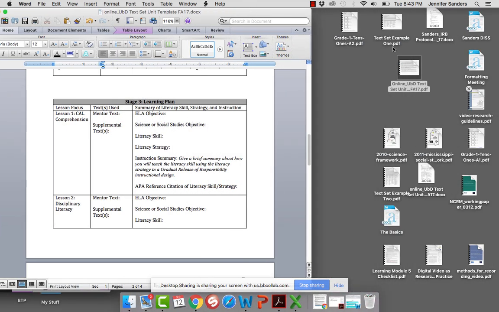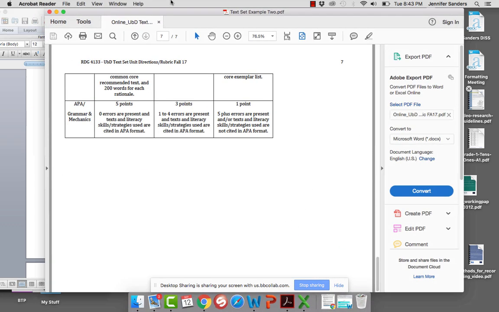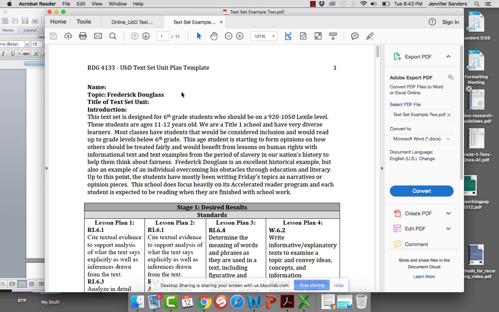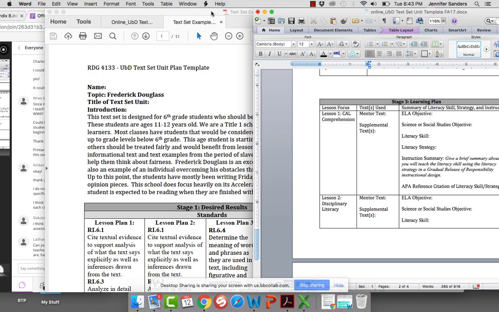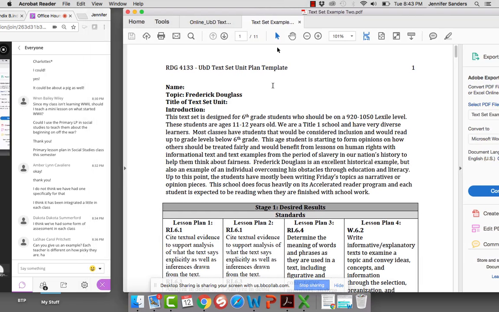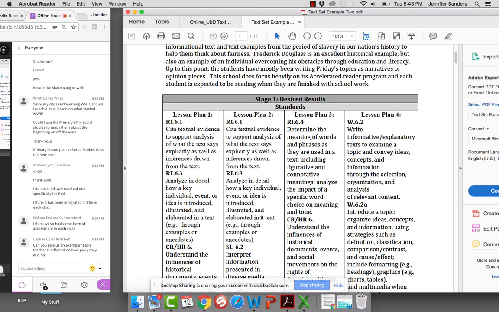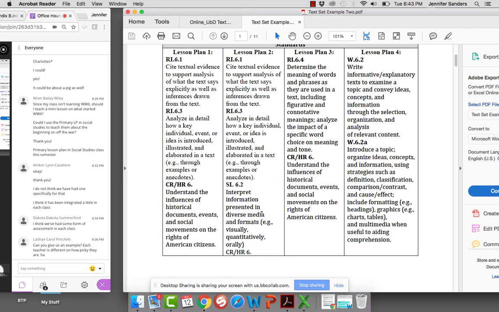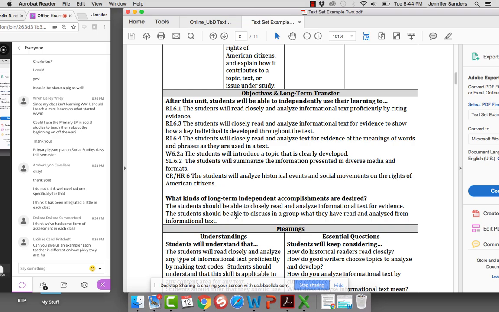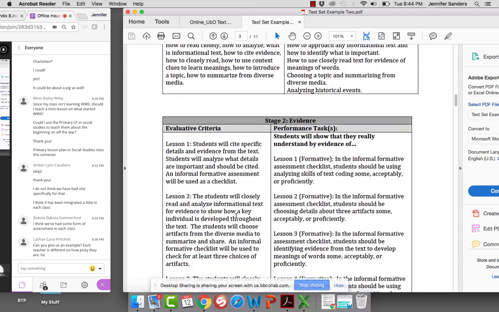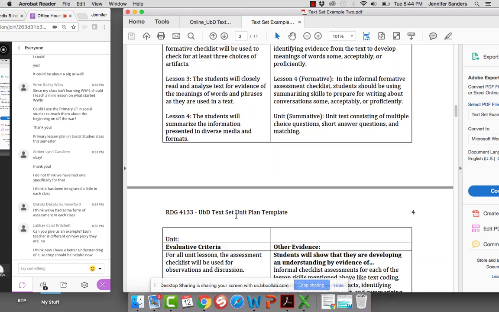And then your examples that I've provided for you, have they been helpful? Like on the unit, and these by no means are the best examples. By no means are these the best. But this kind of just shows you what they've done and how it looks.